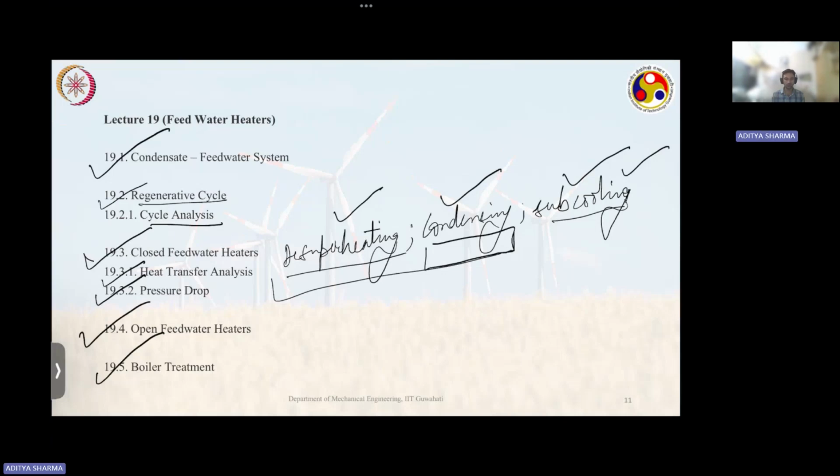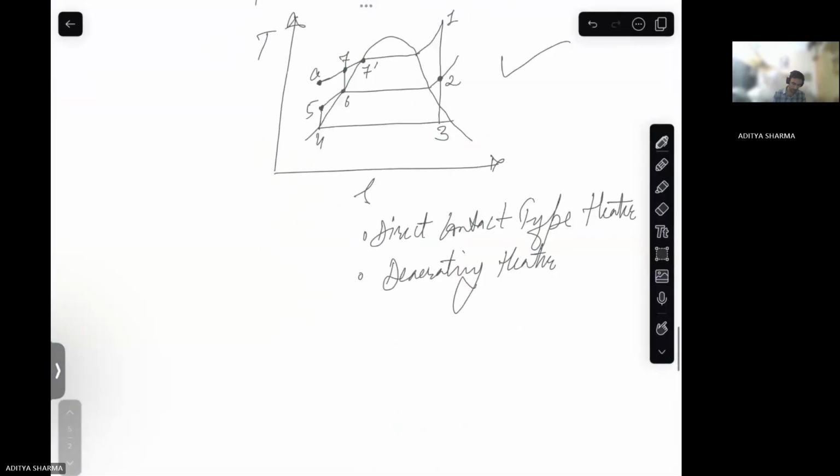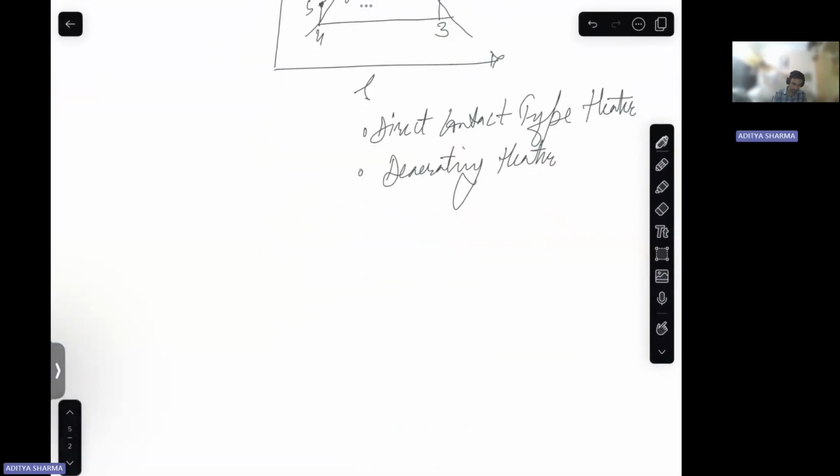So what do we need to do for that? We have some water supply from some other source. For it to be of use for the boiler, what we need to do?